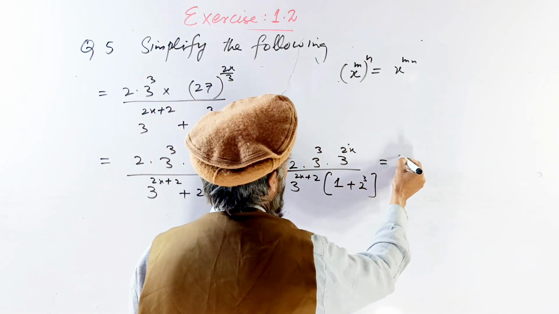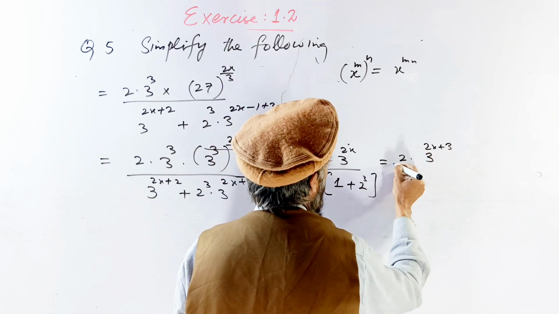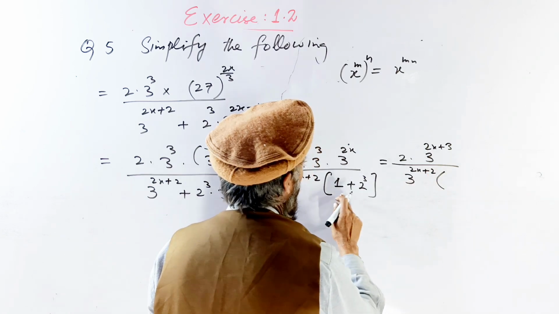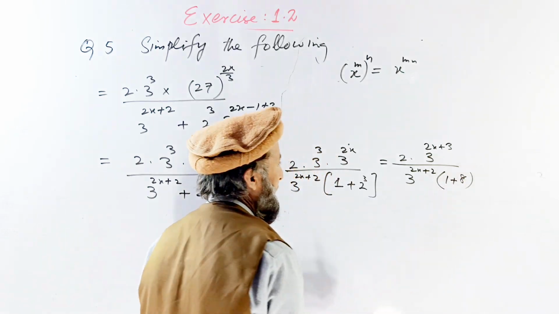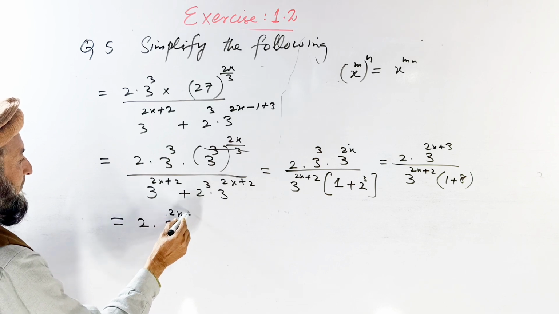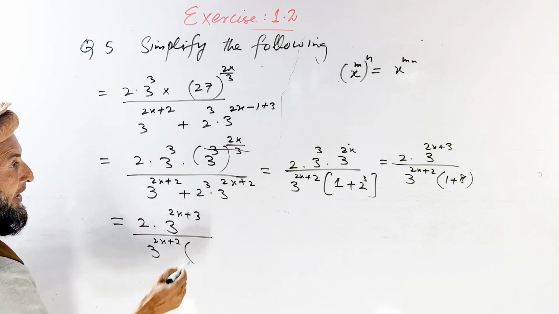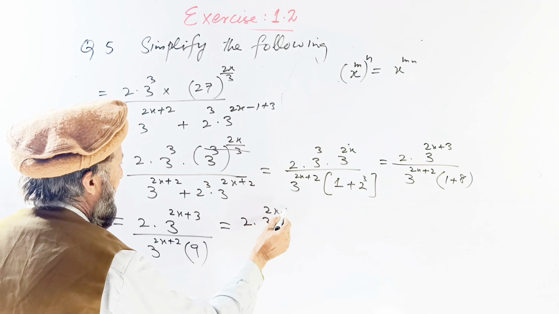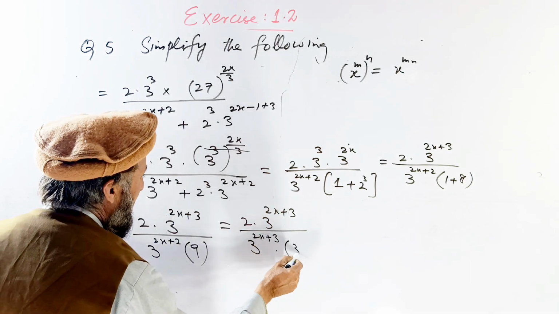Next we simplify 2 and 3 here, according to the rules we can add this one 2x plus 3 divided by 3 2x plus 2 and 1 plus 2x cube is equal to 8. Now 2 and 3 2x plus 3 divided by 3 2x plus 2 and 9, this we will get 9, we can write here further 2 and 3 2x plus 3 divided by 3 2x plus 3 and 3 square.